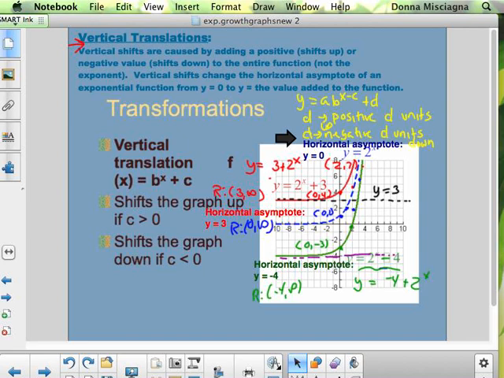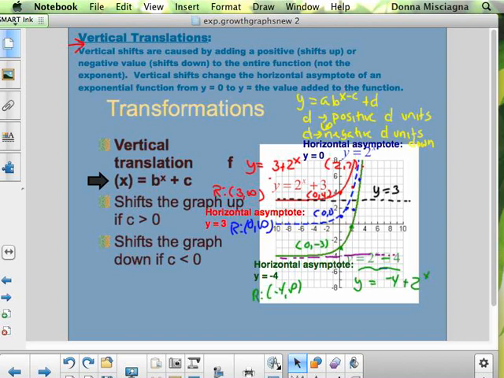On this chart there's a C, but just to distinguish between horizontal and vertical when there's both, I have a D, and usually it is shown as a D. But whatever's added to the exponential equation, not added to x, but added to the whole function, shifts it vertically up and down.